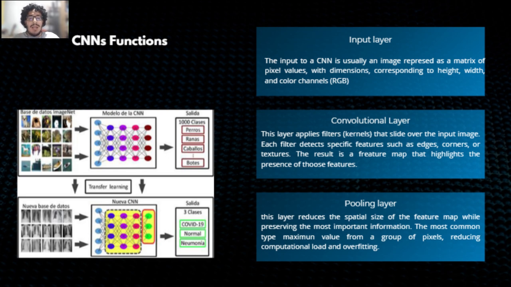And as shown in the diagram, CNNs can classify a wide range of objects or be fine-tuned for specific things like detecting COVID-19 or pneumonia in medical images.